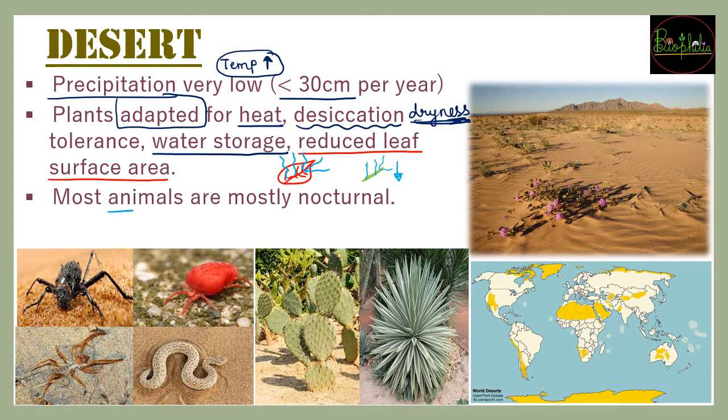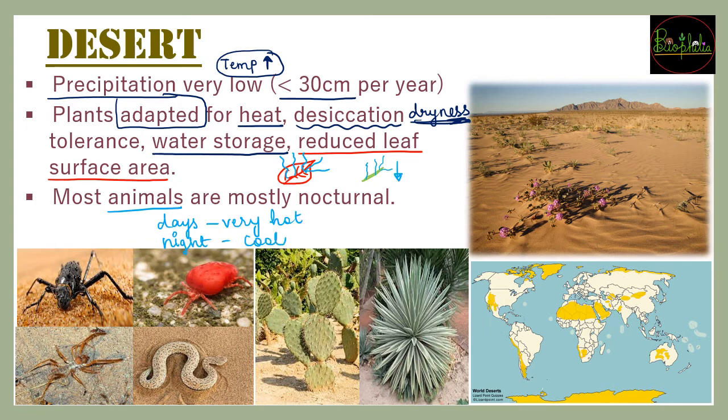But if you talk about animals, then these are not going to have the capability to move around in the hot times of the day. So days are very hot, so if days are very hot, these animals don't prefer to move out in these areas. But whereas if you consider, the nights are comparatively cooler.